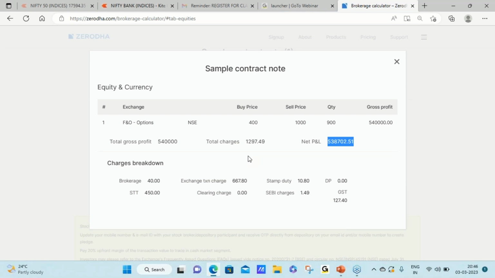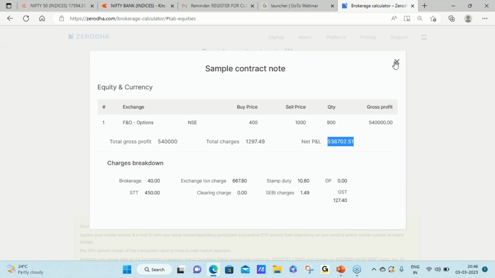Amitji, that's a very basic question that you are supposed to understand. That's not the question to be posted here, right? Lot size is 25. So what is the maximum quantity that you are supposed to trade? Divide 900 by 25 and you'll get the number of lots. Yes or no, Amitji? Is the difference between lot size and quantity confusing you now?